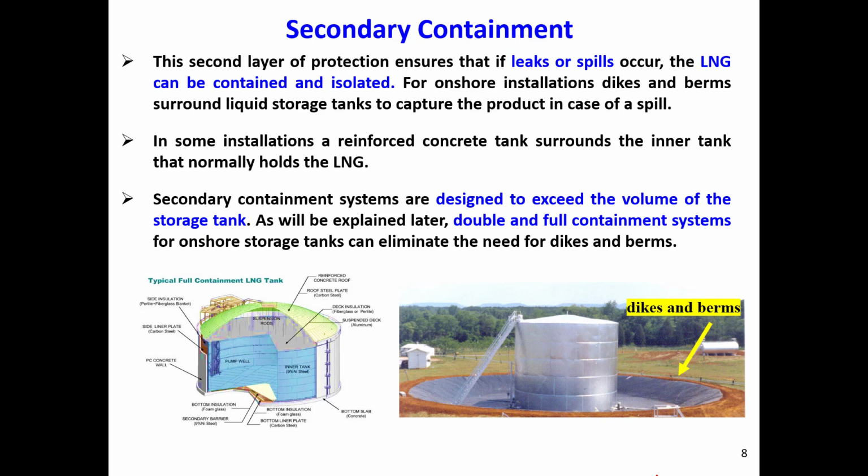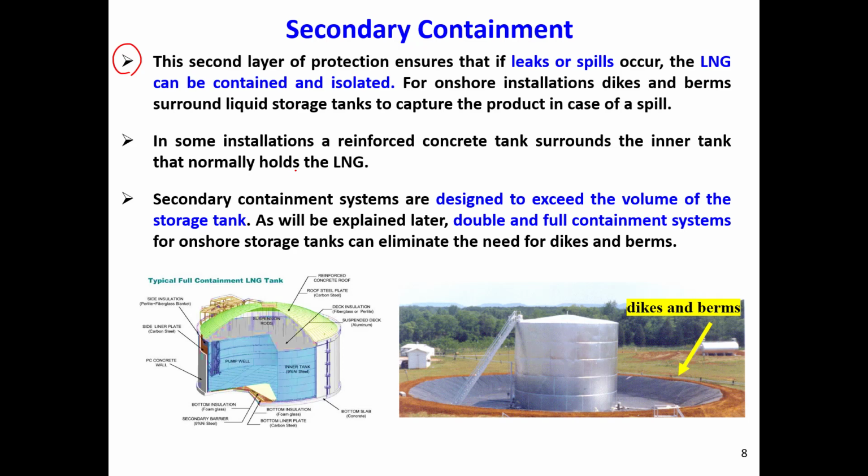The second layer is this: the first layer is designing a good tank, and the second layer is, in case the tank is leaking or spilling, how to protect the environment around the tank.